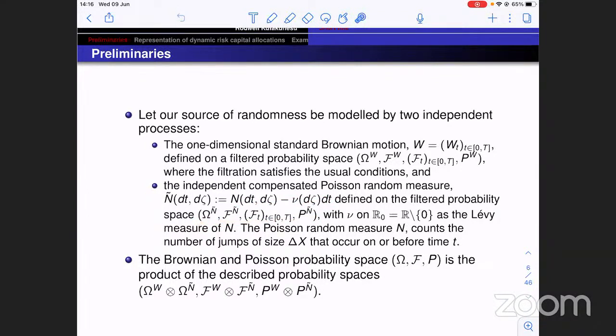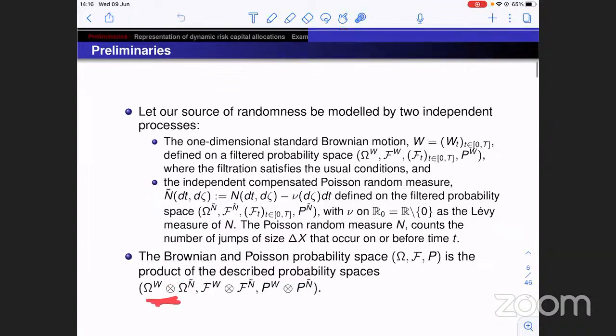Then we can augment the two like that. Here we can just put the space. It's not a product sum on this one.